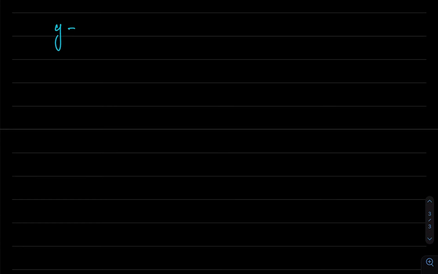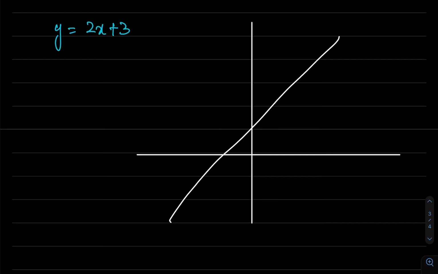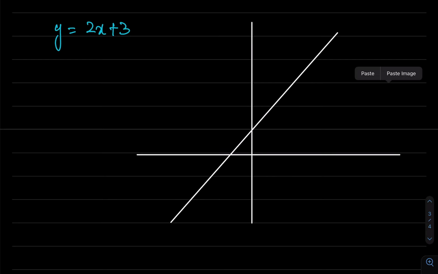Let's take a function, let's say 2x plus 3. Now I'll draw a graph for it real quick. So this is our graph for y equals 2x plus 3. The y-intercept is going to be 3.